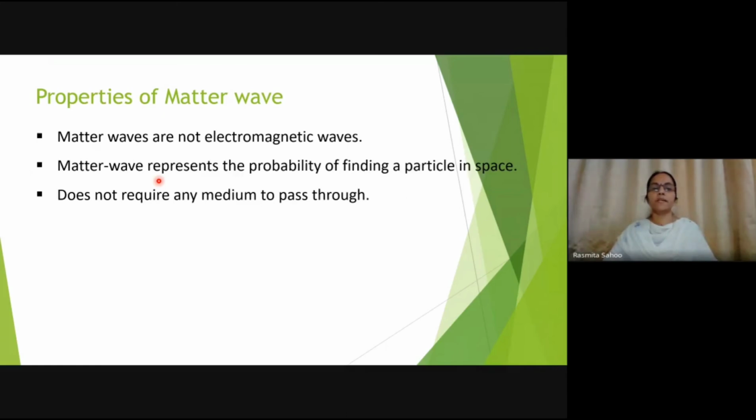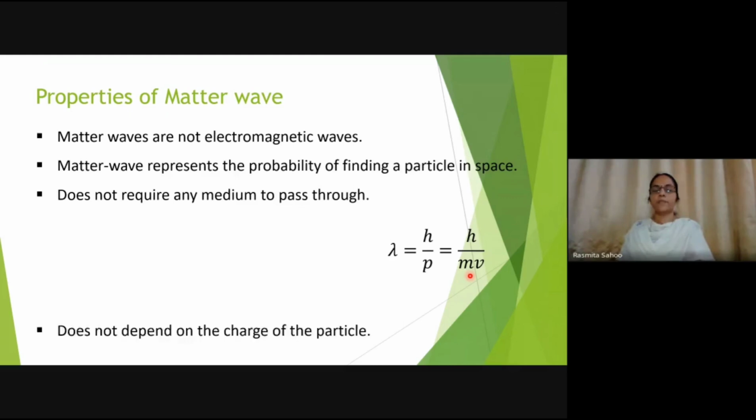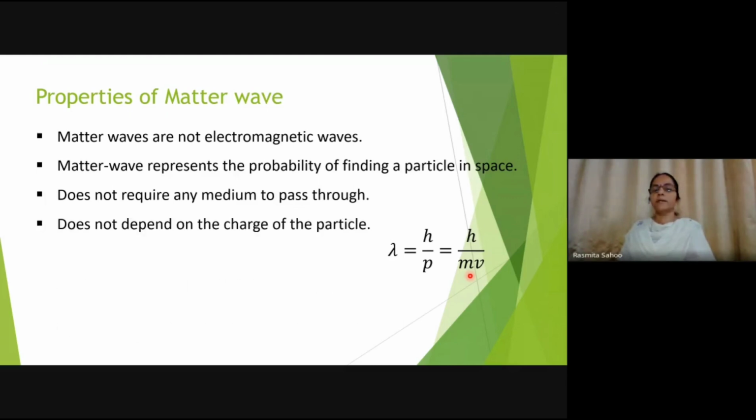But these matter waves do not require any medium to pass through. And the expression we have got is lambda is equal to h by p or h by mv. From here you can see that it does not depend on the charge of the particle. There is nowhere that charge appears in these quantities. So it is independent of the charge of the particle.